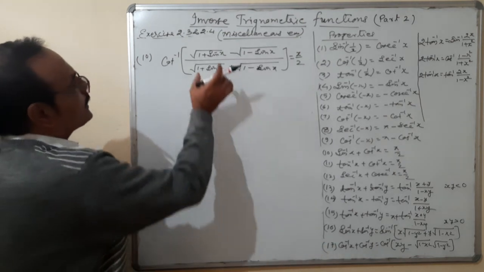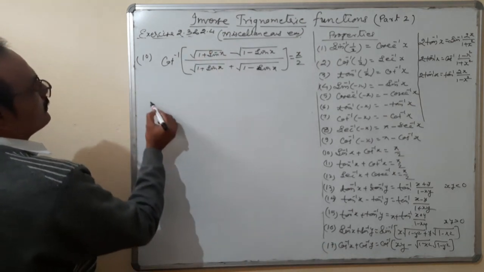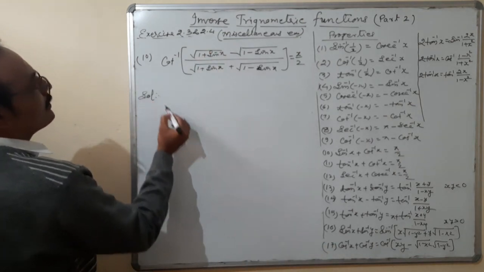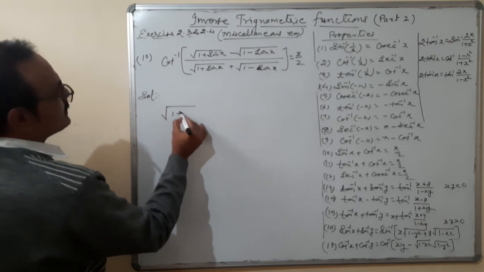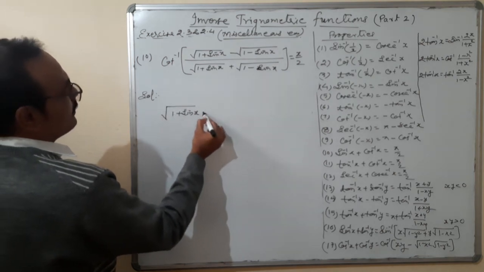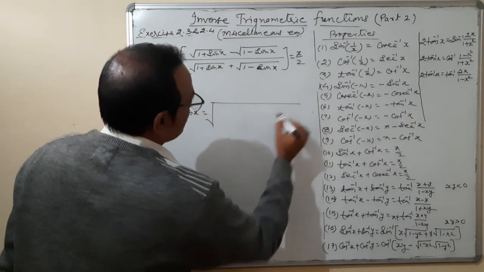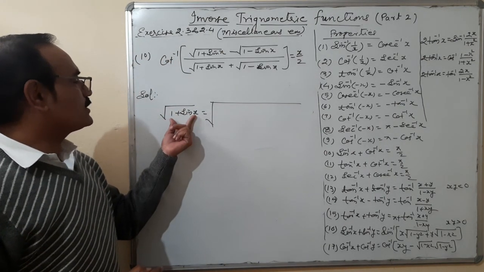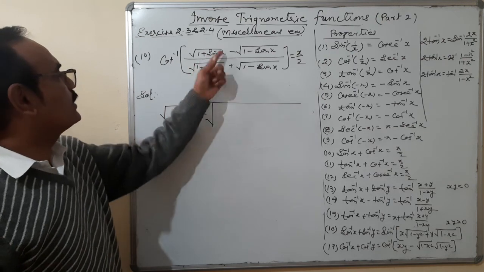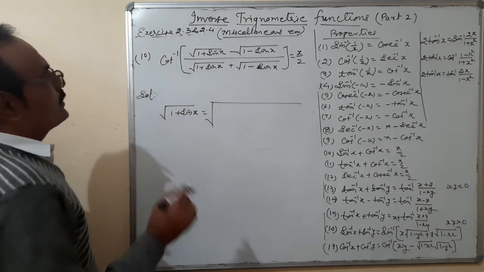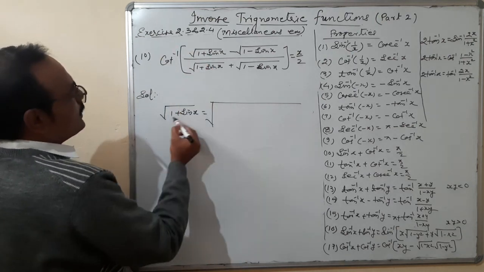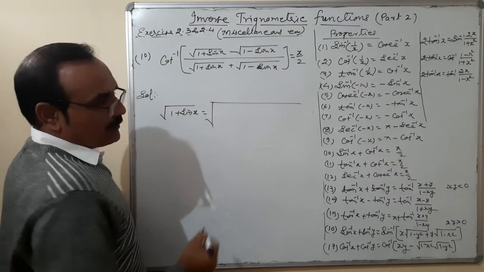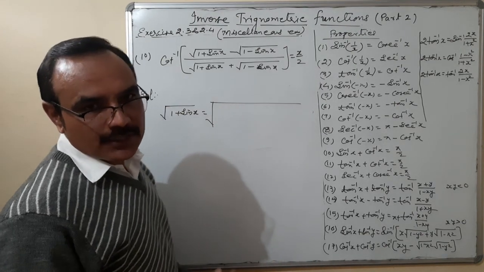One part I am solving. This is under root 1 plus sin x, because I want to take out this term 1 plus sin x from the root. Only then we can do something in it. So what should be done? This 1 plus sin x: 1 can be written because of the identity sin square x plus cos square x is equal to 1.